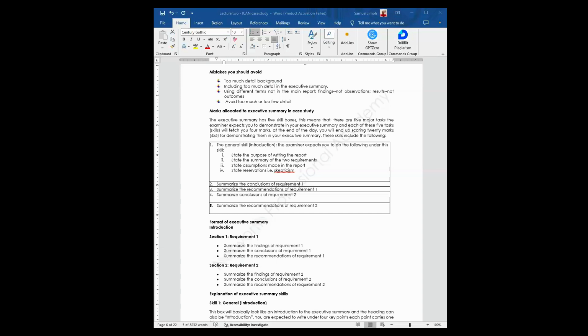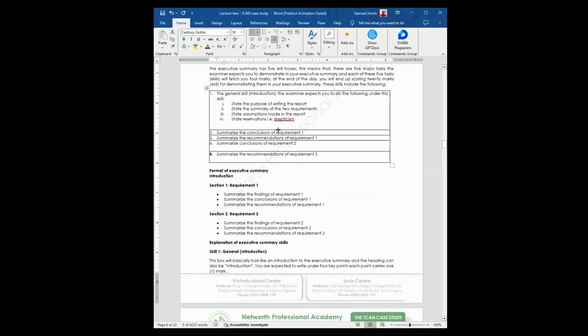And you should not include too much detail in the executive summary. It's not a place for you to start explaining and explaining, analyzing again, right? So you should avoid too much or too few detail.